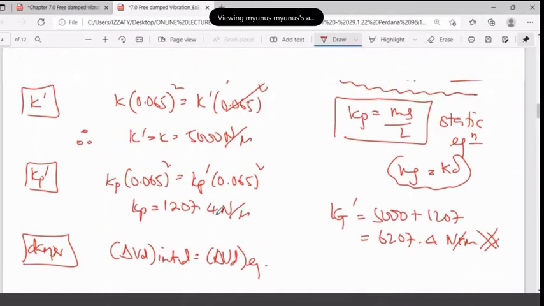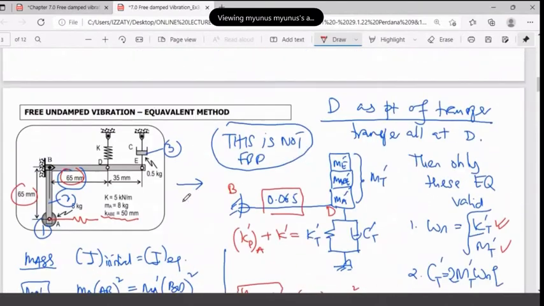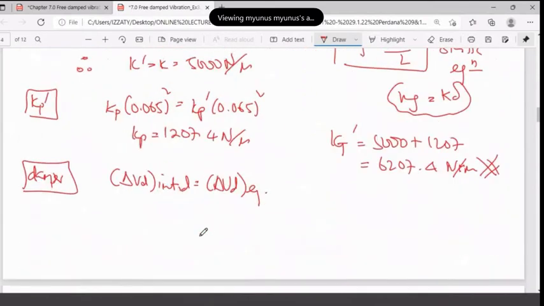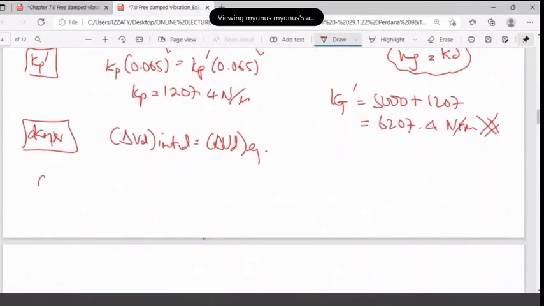And you found that the damper is located here, isn't it? So at E, the distance is 0.1. So you put it here. This one is the C at E prime. So C at E, this one is 0, this one is BE, equal to C at E prime. You move from BE to B, D squared.